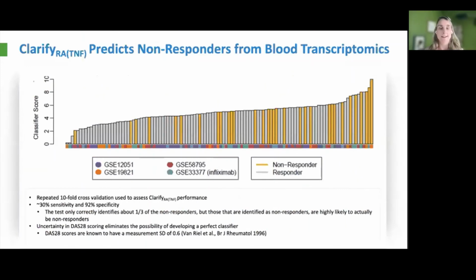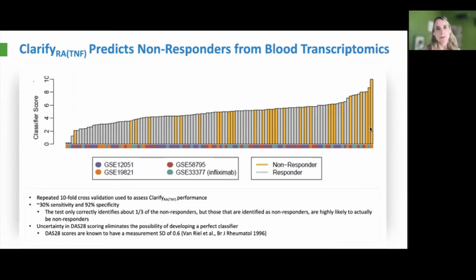At Solventa, we did a lot of work on rheumatoid arthritis. Another thing we did was use these mechanism scores as features to train a classifier to predict non-responders, using transcriptomics from blood. Here you're looking at the classifier scores for 4 different data sets used for training, in a cross-validated training and test set.